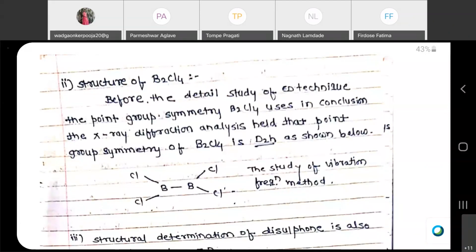I'm not just telling you the principle or the measurement technique, but we are also discussing its applications. And whenever you are very clear about the applications, then only your interest can increase in your studies.